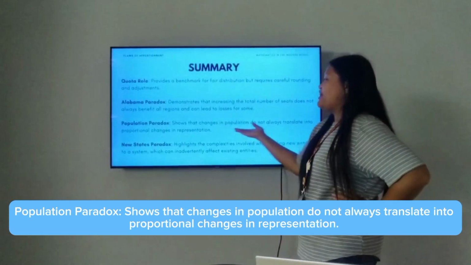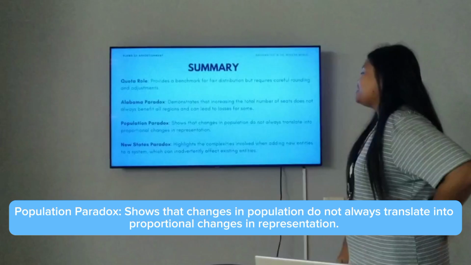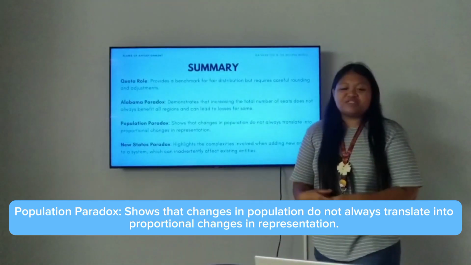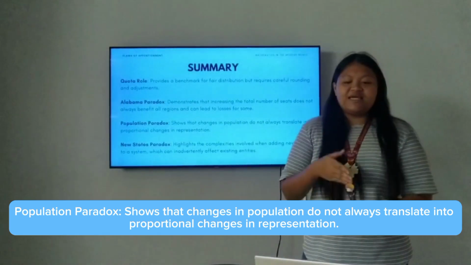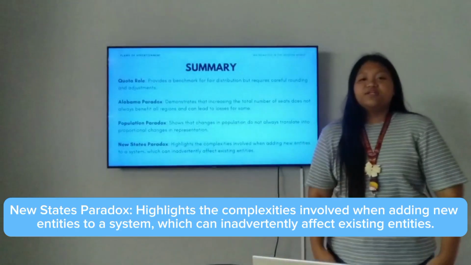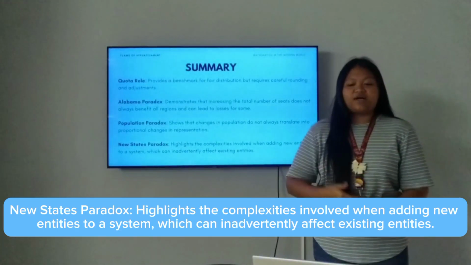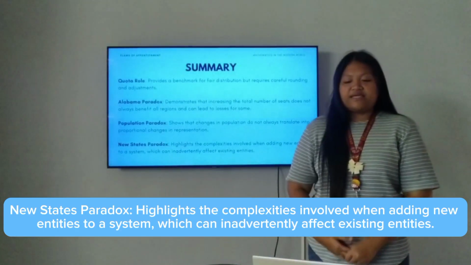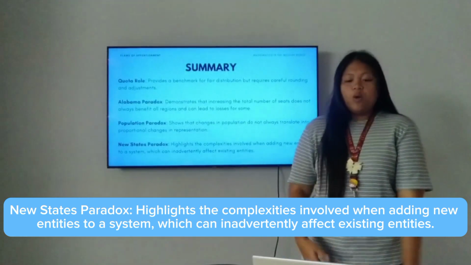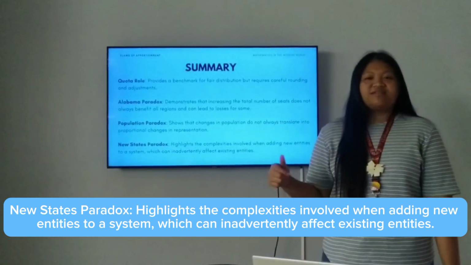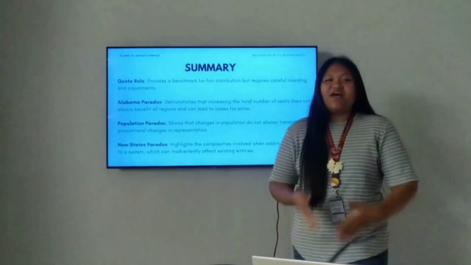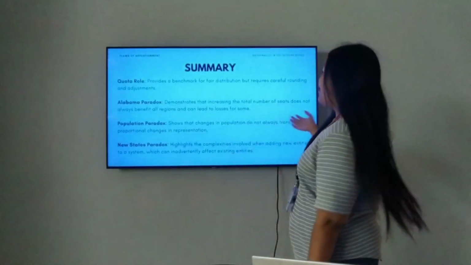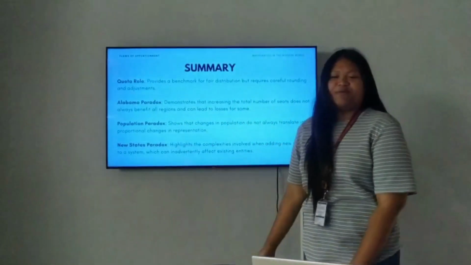In the population paradox, it shows that changes in population do not always translate into proportional changes in representation. New states paradox highlights the complexities involved when adding new entities to a system, which can inadvertently affect existing entities. I hope you learned something from this flaw of apportionment.